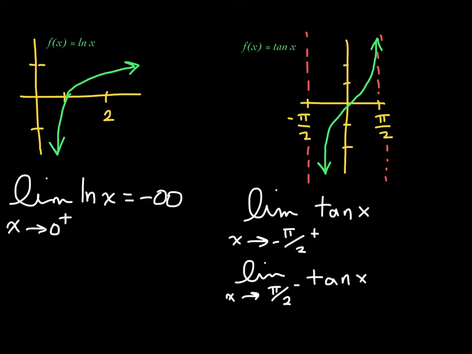We can describe that by using negative infinity. And then as x approaches positive pi over 2 from the left, my function values are increasing without bound. So I'm going to use the symbol positive infinity. All right, good job.